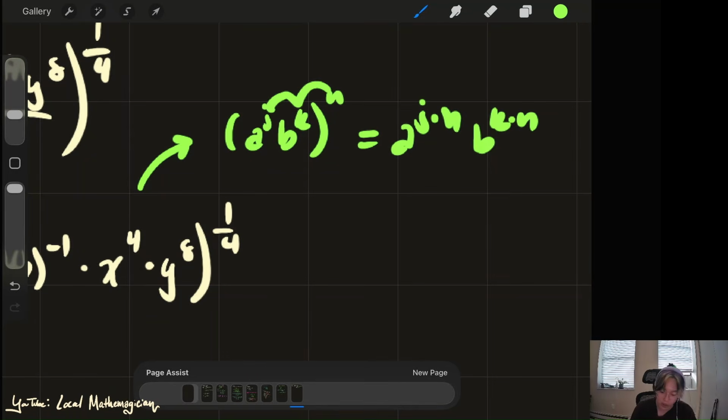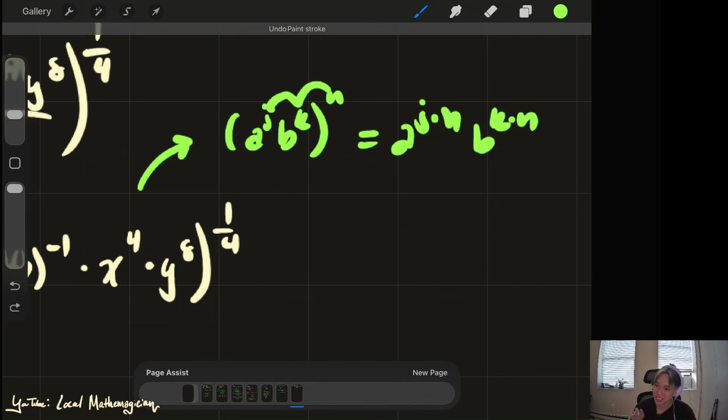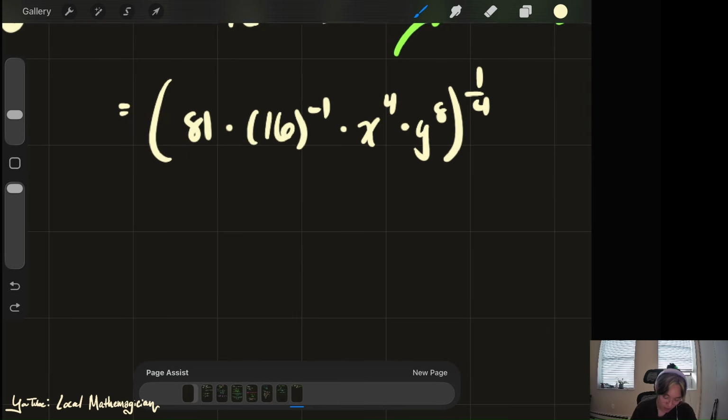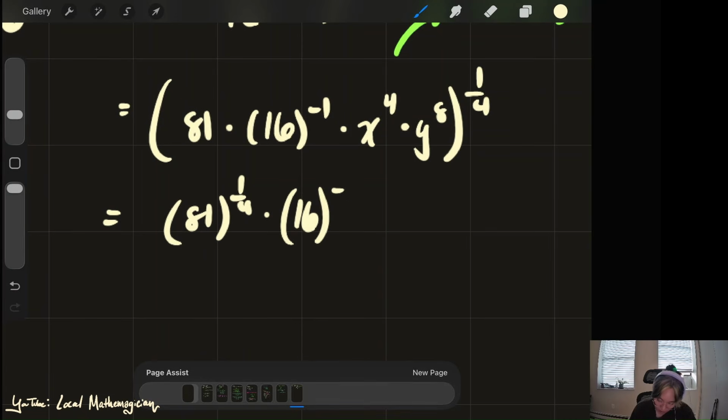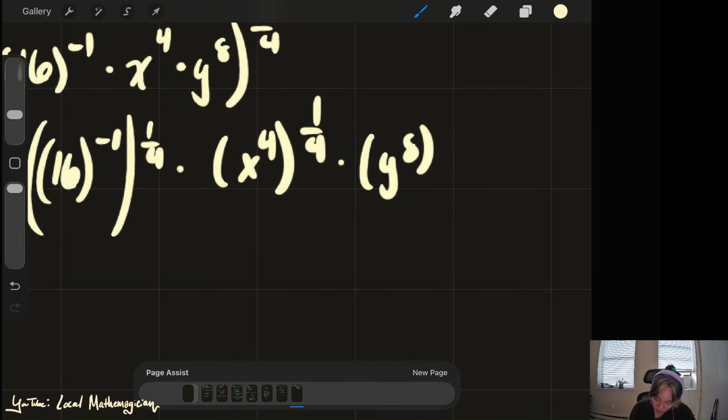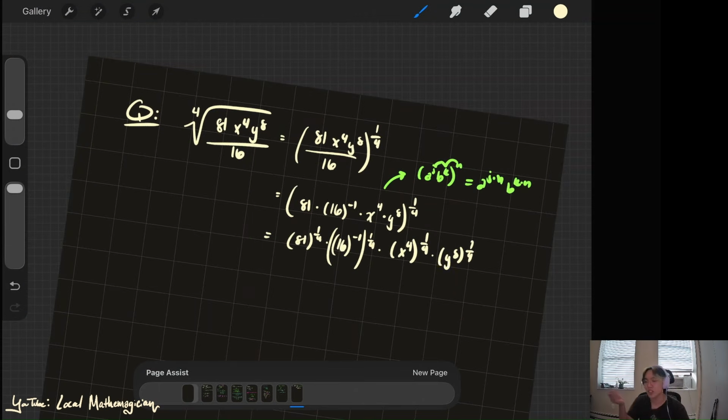You can distribute as long as the inside is multiplication and the outside is exponentiation, right? Oh, and then you can do some weird stuff like 81 to the 1/4 times 16 to the -1 to the 1/4 times x to the fourth to the 1/4 times y to the eighth to the 1/4. And all of a sudden you can simplify all these things and all your problems go away. Isn't that cool? Okay?